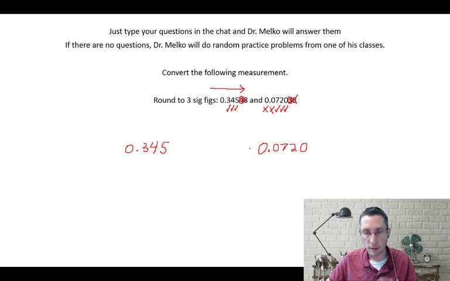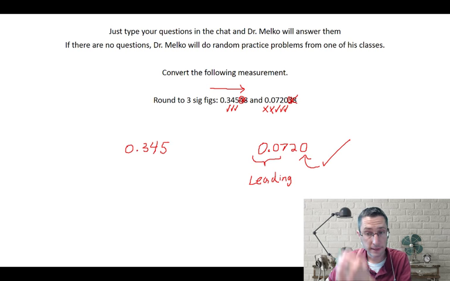These zeros here are called leading zeros. Those are never important, never counting for significance. We'll just write lead here. Leading, I suppose. So those are never significant. Zeros at the end are called trailing zeros, and those are sometimes significant. If it's after a decimal like this, it's significant.